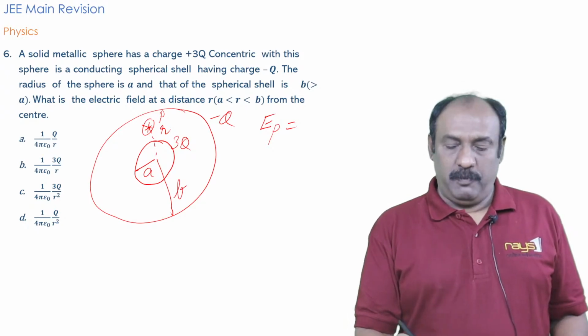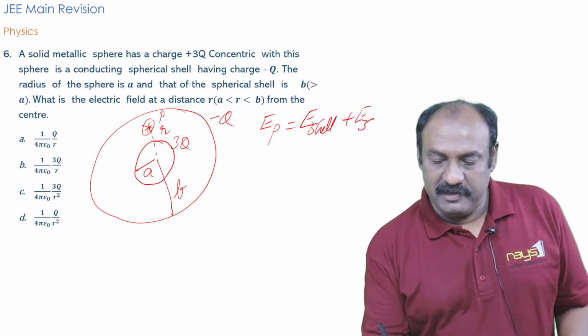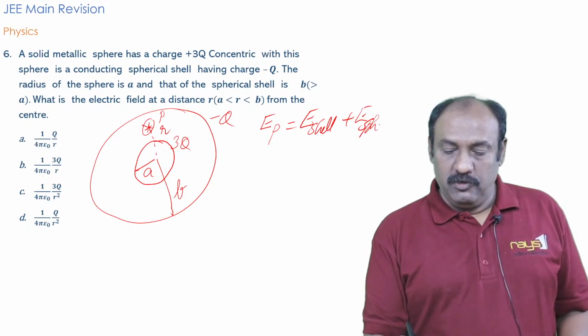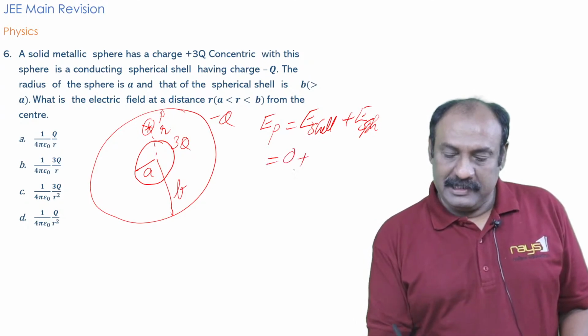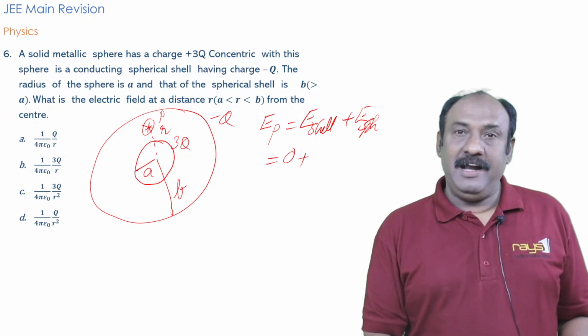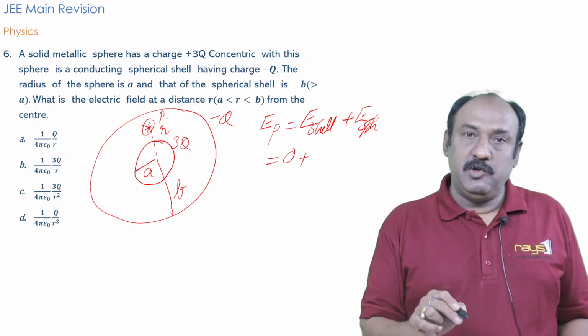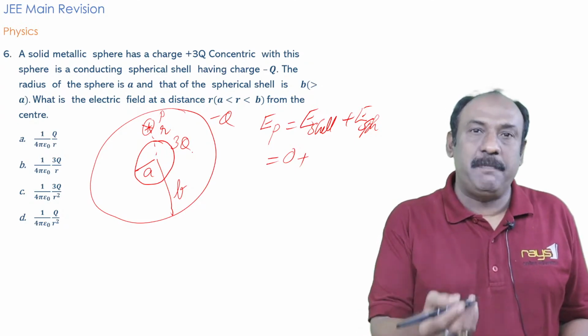So at this point E due to shell plus E due to sphere, but E due to shell at this point is inside of the shell, so net electric field intensity due to shell at point P is 0, and there is electric field intensity at point P due to the solid sphere of charge 3q. So that point is outside point for the sphere.